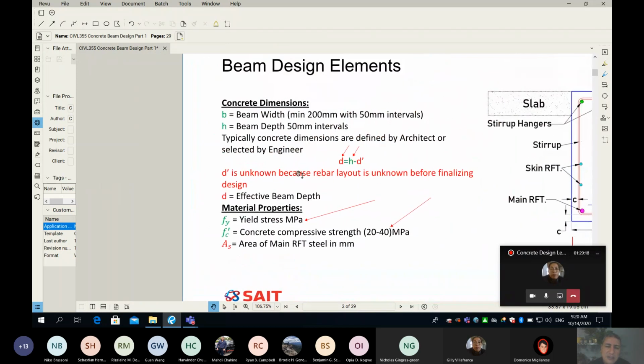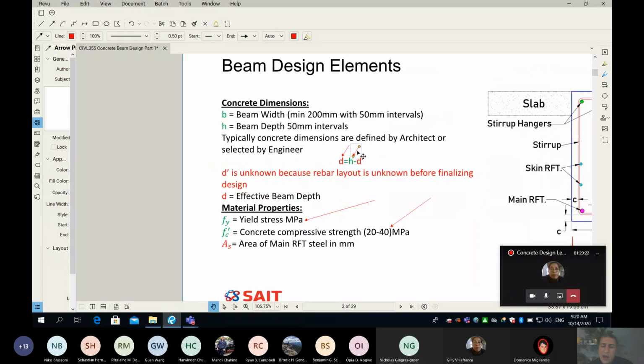So look at my slide. Looks like I have two red colors. One is my d, which is the effective depth of my beam, and the second unknown is As, which is how much rebar I should place in my beam.